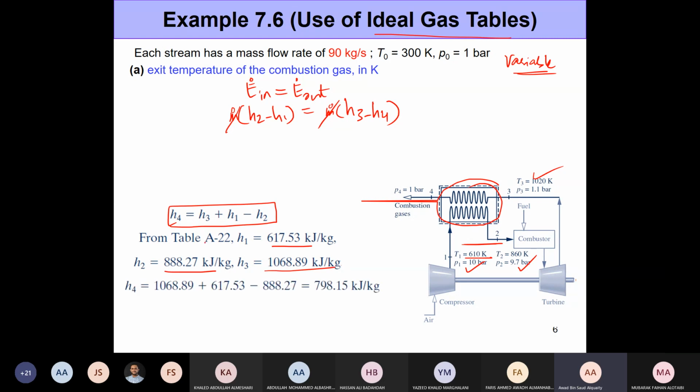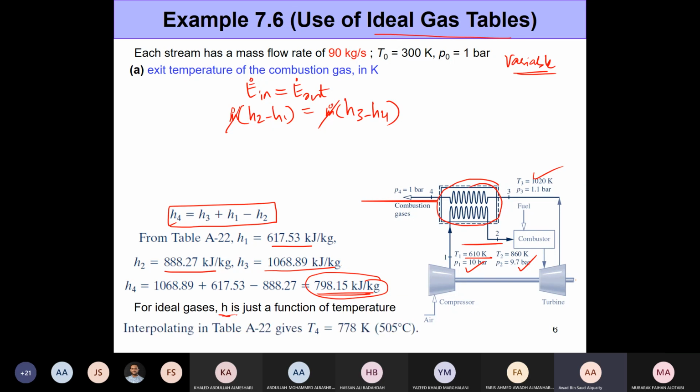We can plug that into this equation and we get the enthalpy at state 4. But what we actually need is the temperature. Since for an ideal gas enthalpy is only a function of temperature, you can go to the table, do some interpolation, and get the temperature at T4. So the exit temperature comes out to be about 778 Kelvin, or 505 degrees Celsius.